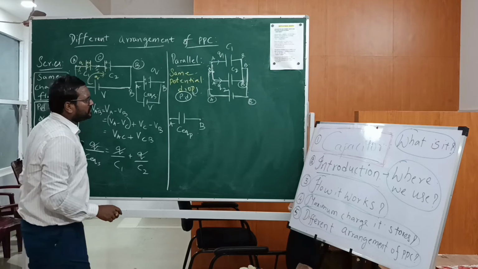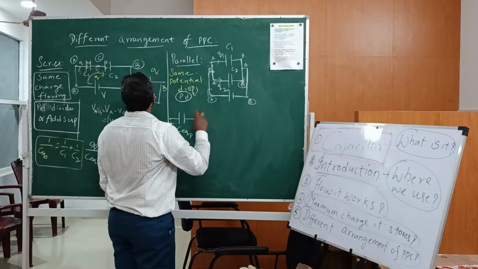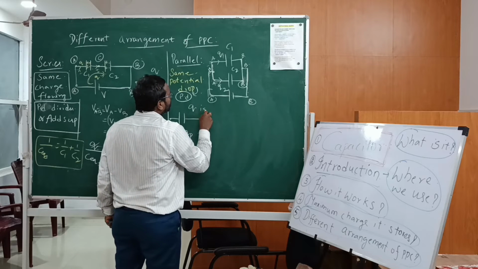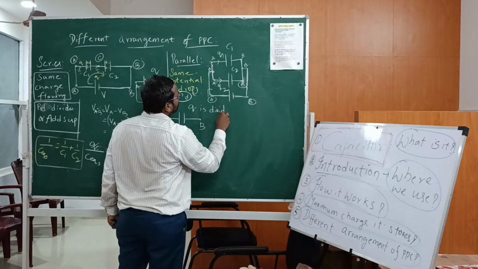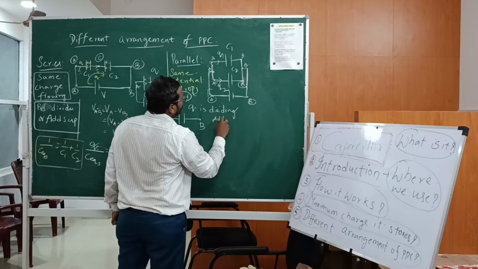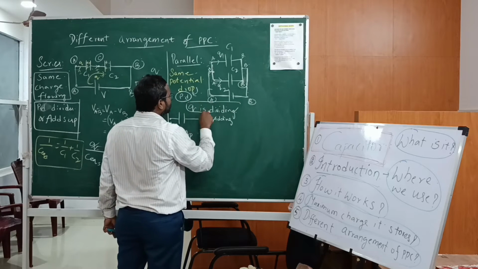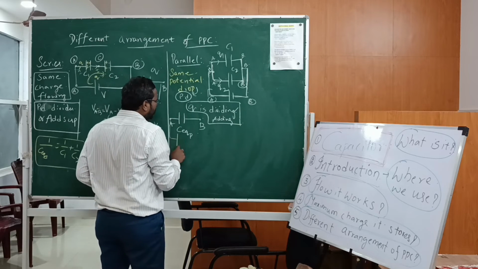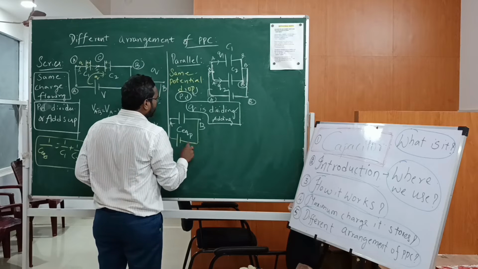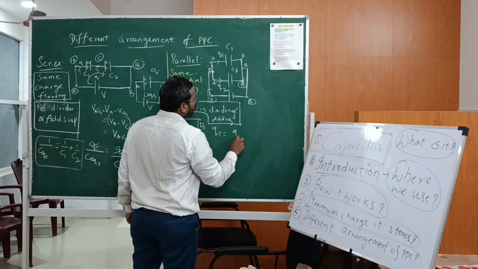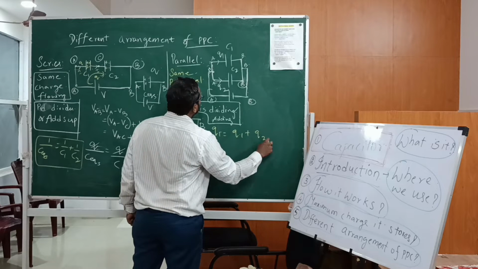Whereas in parallel connection, what is dividing here? Charges are dividing, right? Q is dividing or adding up. The total charge is dividing and the total charge is adding up. So we try to take whatever is dividing and try to find out the C equivalent. So we are connecting this with the external source across AB here. So Q total is equal to Q1 plus Q2.